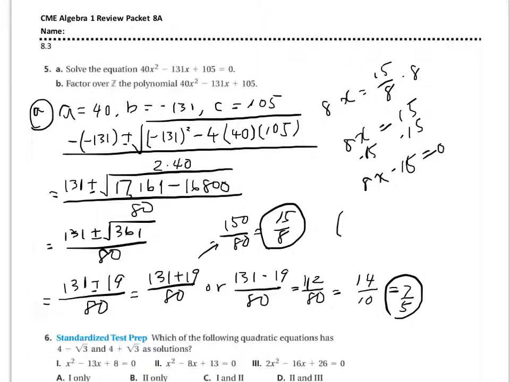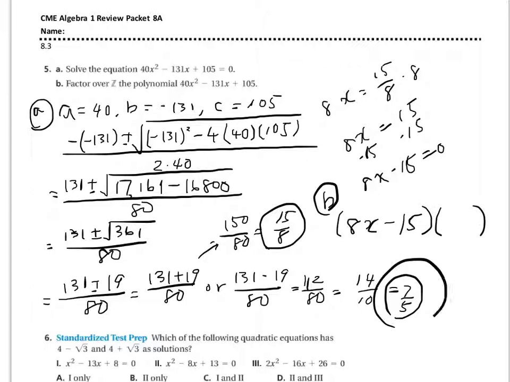That's going to be the left parentheses, and the right parentheses I want you to derive from x equals 7 over 5.